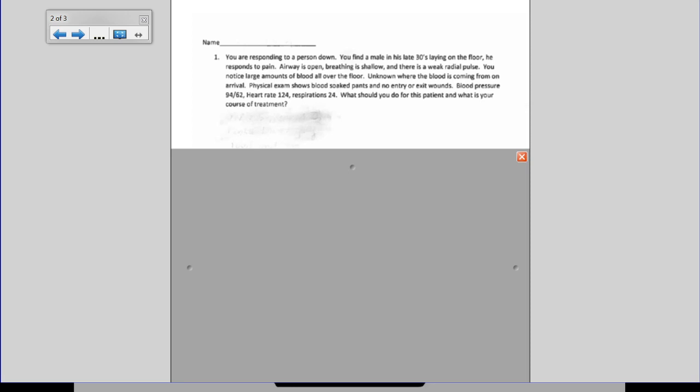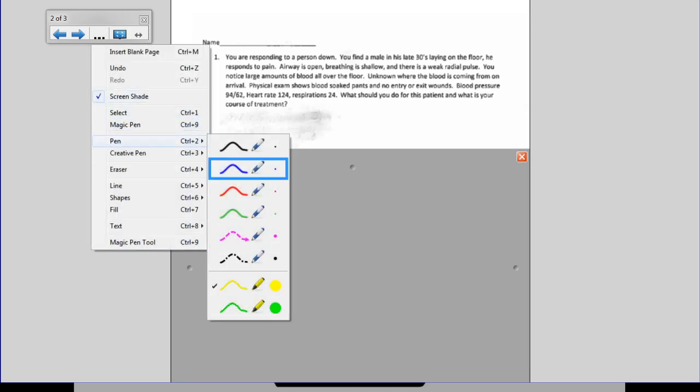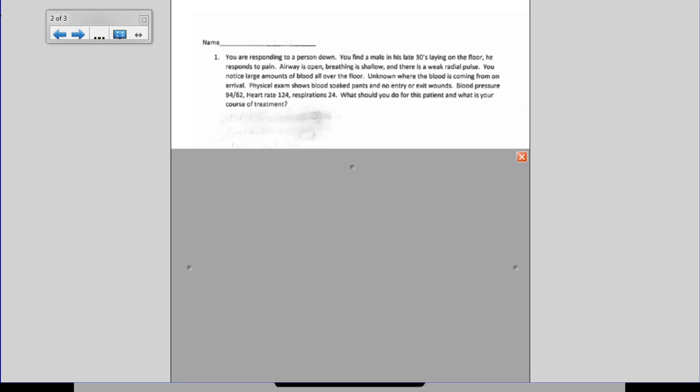Let's look at some important details here. Person down, okay. He's in his late 30s, laying on the floor. Responds to pain, so that will go with our AVPU. His airway's open, which is nice. His breathing is shallow. Important. There's a weak radial pulse.